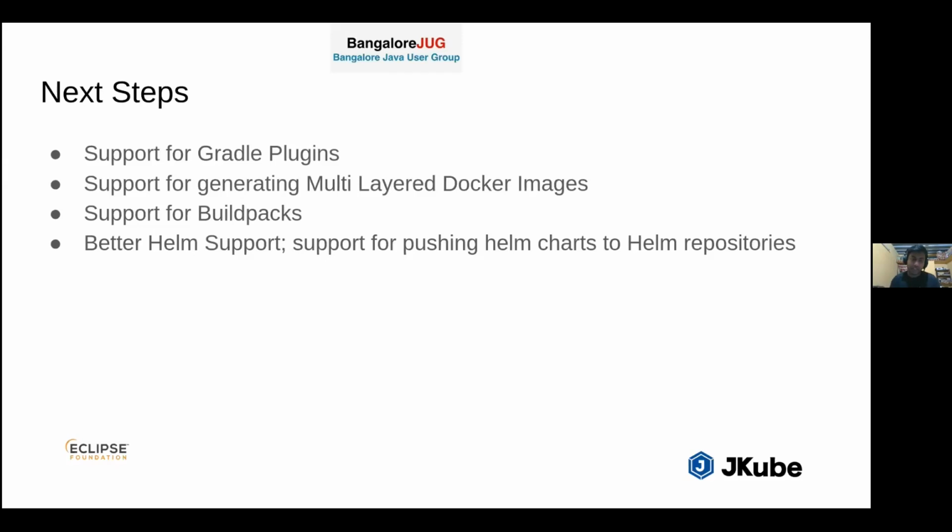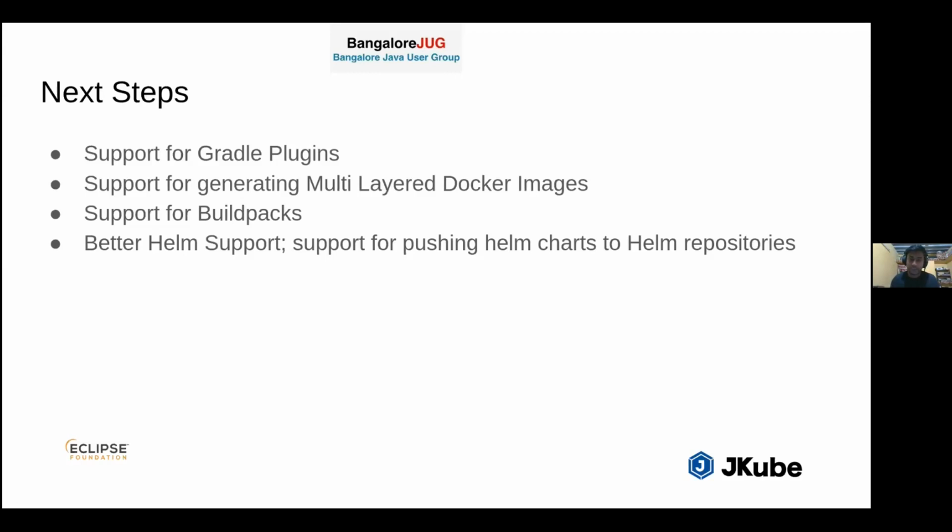We are planning to support some additional build strategies. Right now we have Docker, Jib and S2I. S2I is just for OpenShift, so for Kubernetes we only have Docker and Jib. But in the future we would like to allow the user to build a container image as per the build strategy he wants.